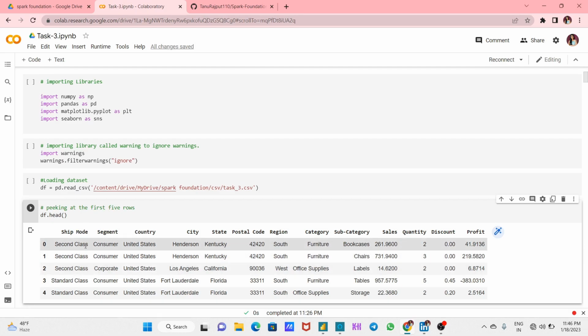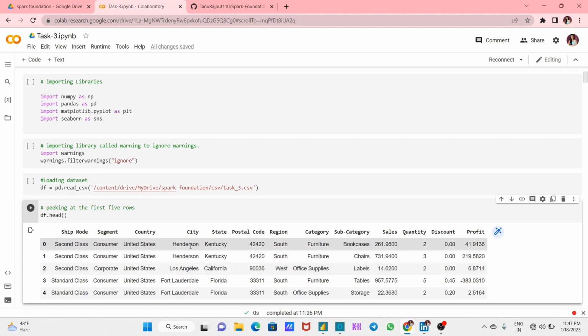First one is ship mode, which tells about the shipping mode, like is it second class, first class, or standard class, or same day. And then segment, like consumer, home office, corporate, and then country. Here is the data of the US, so we have only one country, United States.